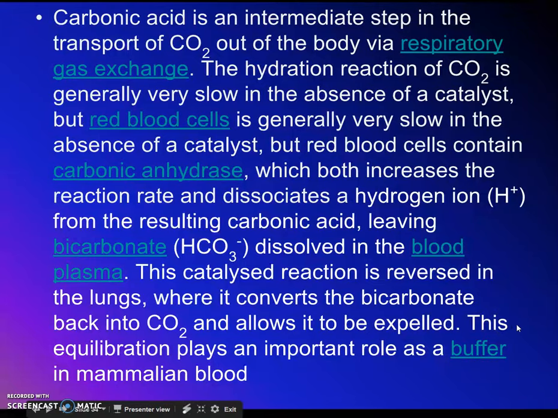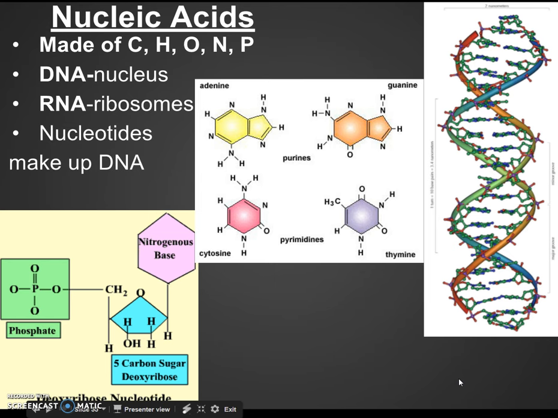This piece is about carbonic acid, and it kind of talks specifically about how the buffer acts in the blood, but I don't necessarily need to talk about that. Excuse me. Nucleic acids is the last. They are the last organic compound.